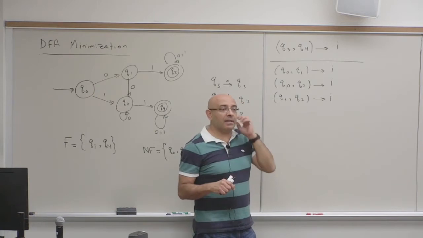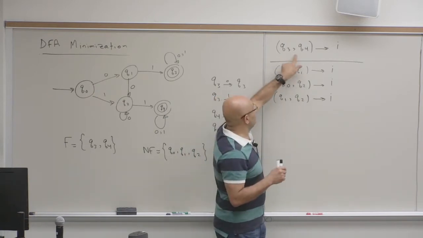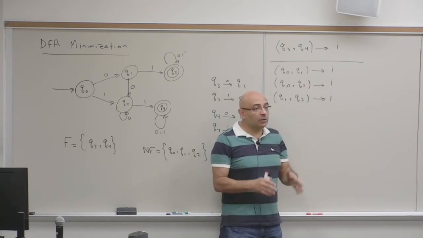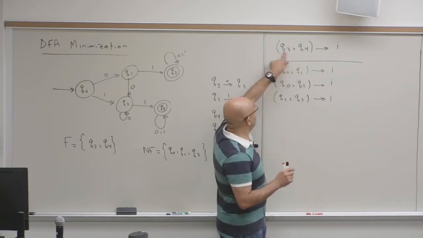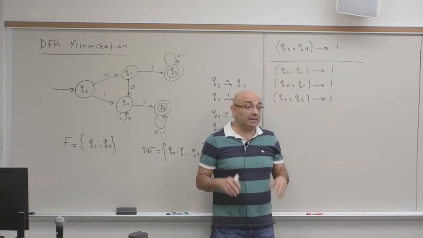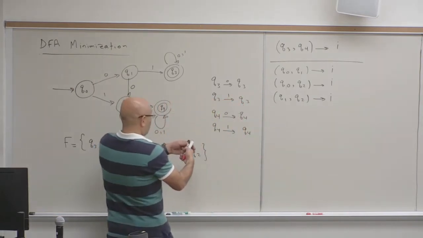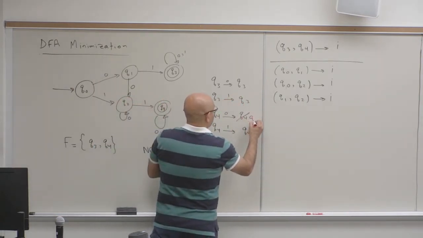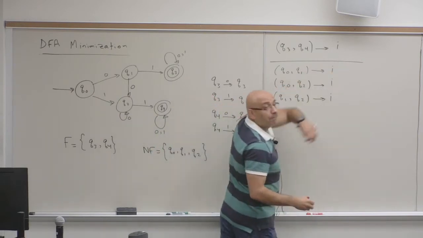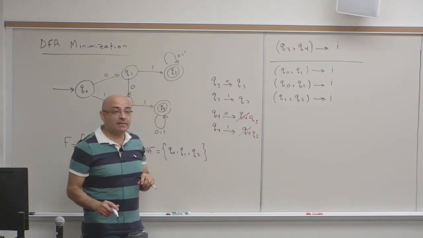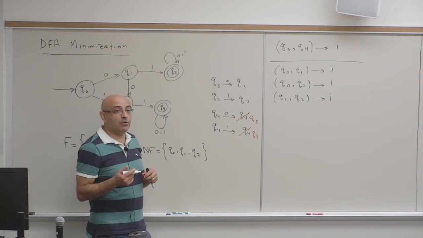So this is the key idea in the algorithm. At this point, I haven't proven that Q3 and Q4 are distinguishable. So from the algorithm's point of view, it sees Q3 and Q4 as the same state at this point. It cannot distinguish between them. So I can replace this with Q3, because they are indistinguishable. The algorithm has not detected any kind of difference between Q3 and Q4 yet.